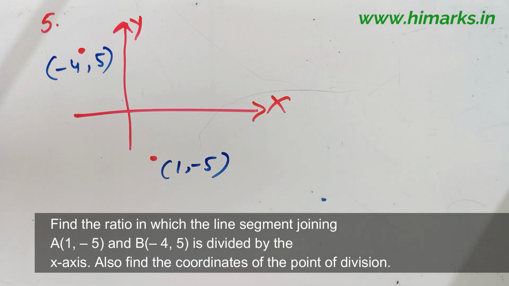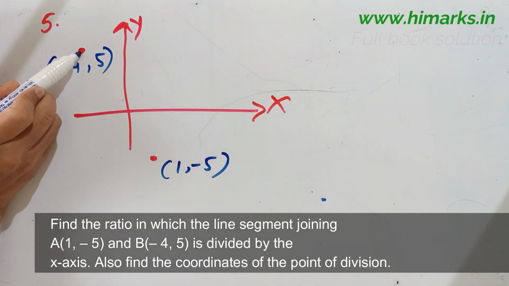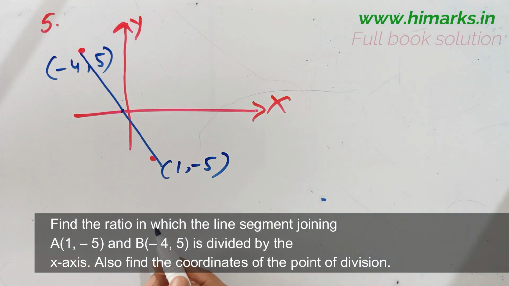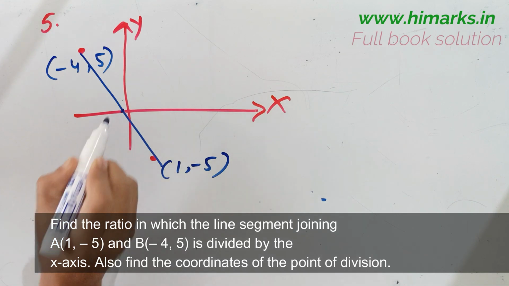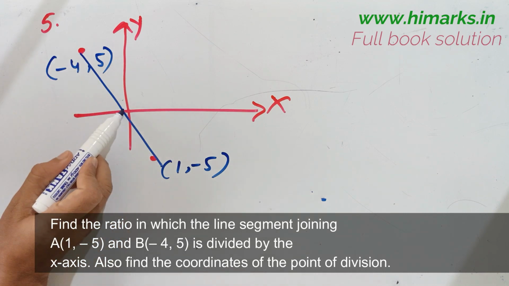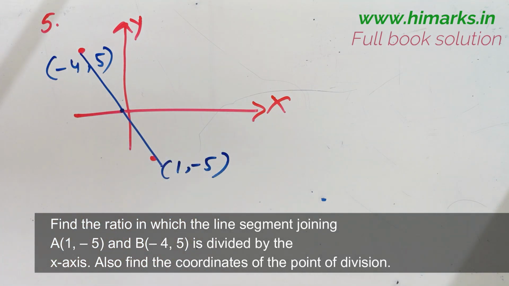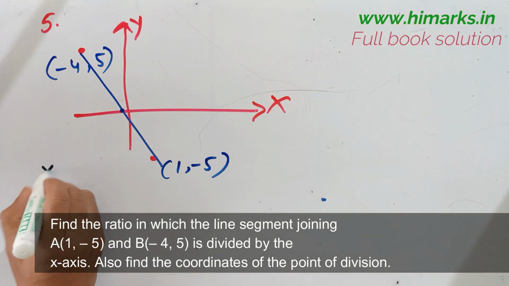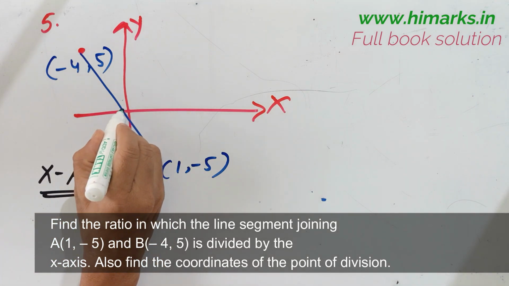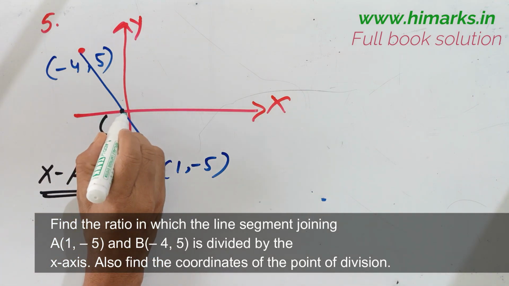So what we have to do is, if you join these 2 points, you will see that at some point it will intersect with the x-axis. It is asked at what ratio this line is intersected by the x-axis. So here one main thing: by x-axis we mean that at this point there will be some x value on the x-axis, but the y value will be 0.